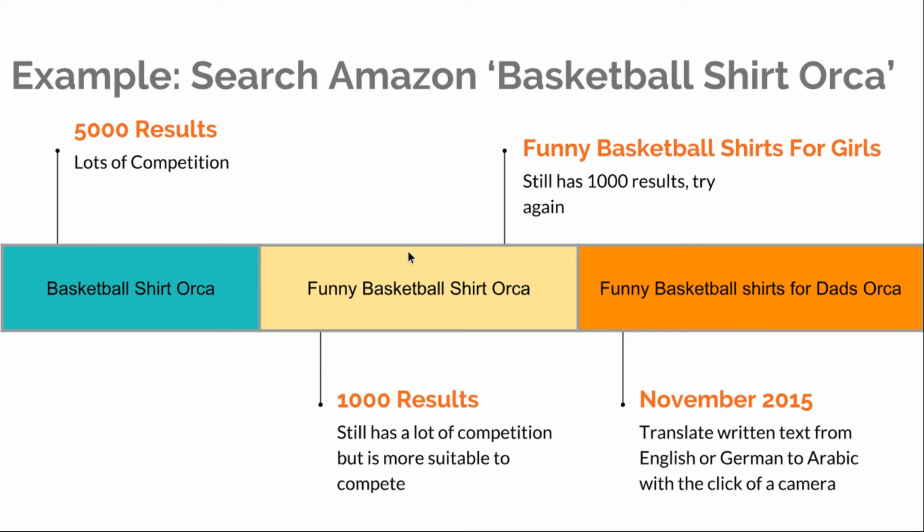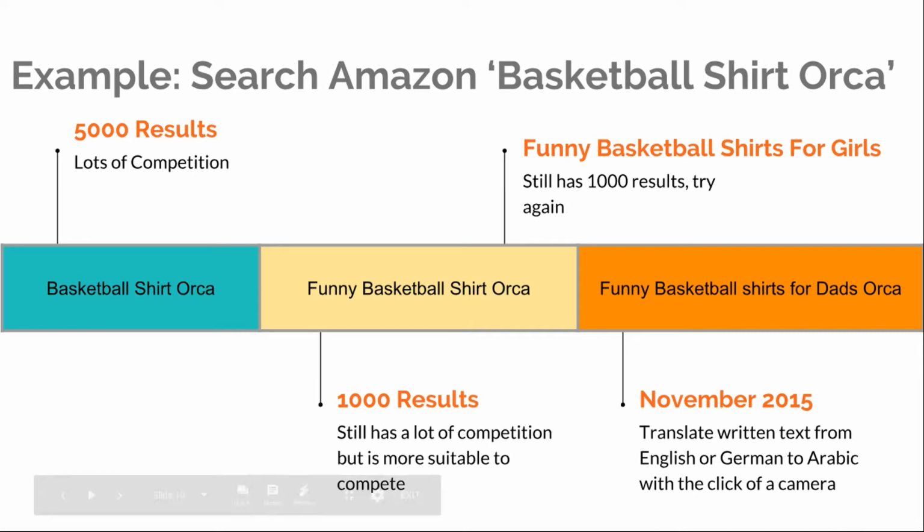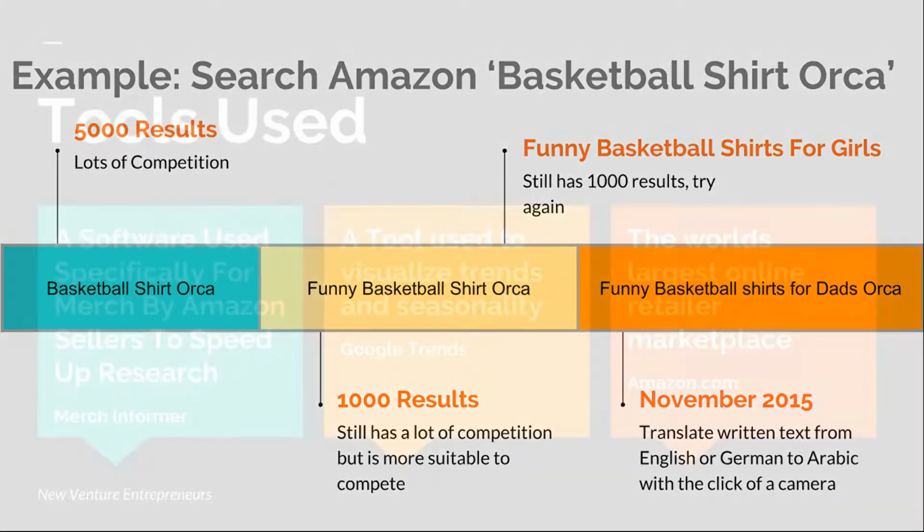Still, there were 1,000 results, so I stopped that, and then I went to "funny basketball shirts for dads orca," and there were a lot less listings, which allowed me to get into it. This is pretty much subniching. This is the whole strategy of it: really trying to key in on more specific keywords, and that's how you subniche.